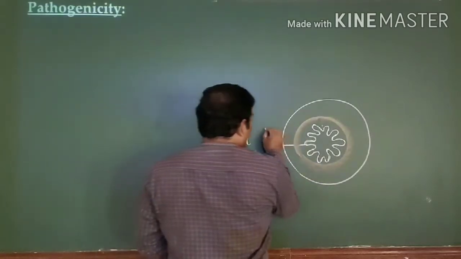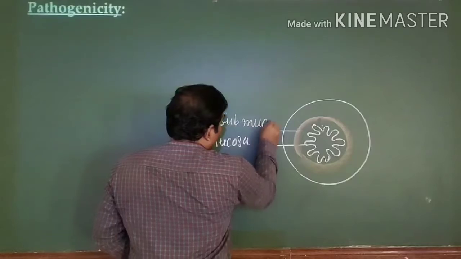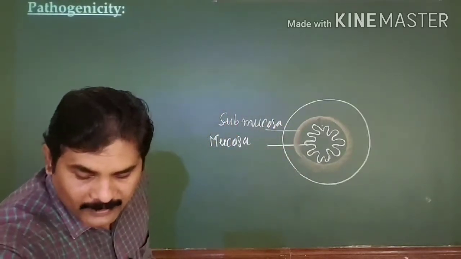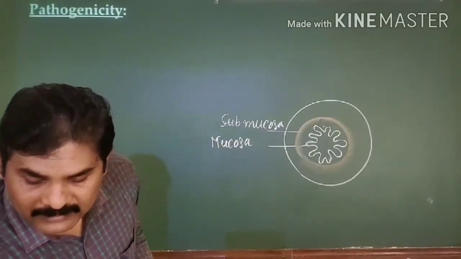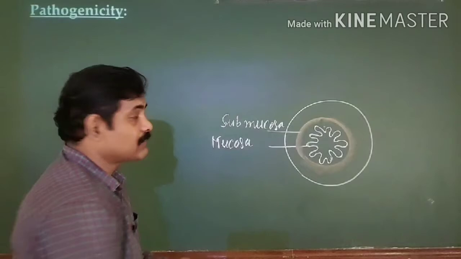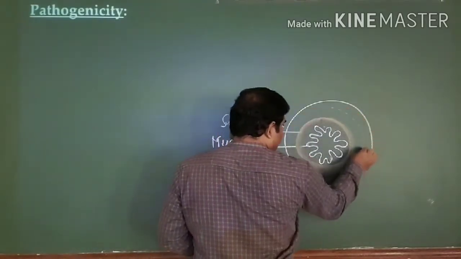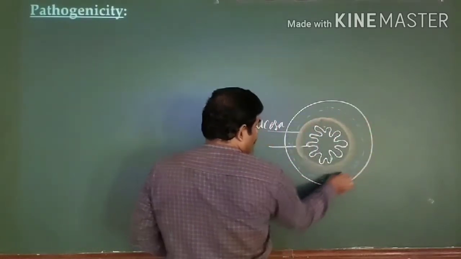This portion is called submucosa, and that is followed by a muscular layer. That muscular layer is known as muscularis. There you can see circular muscles as well as longitudinal muscles, right?